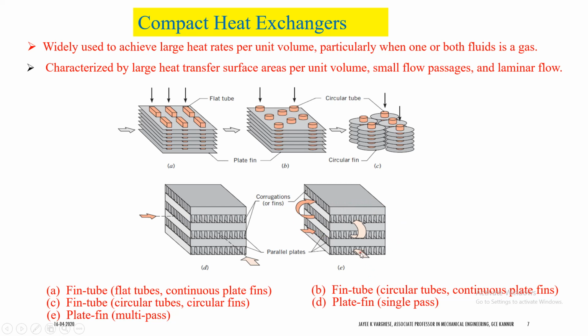And the other fluid also, you have 1 pass, 2 pass, it comes out and again goes back like this. So the fluids will be exchanging heat for more time, maybe.